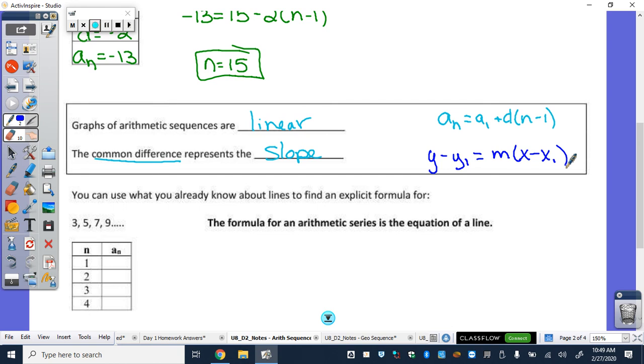You guys remember what this one's called? Point slope. So you got the slope, y1, x1, that represents a point. So if I add my y1 over, again, it's the same exact formula. They're just doing different letters. So it's all linear. It's all the same stuff. Just the letters that they're using are changing a little bit.